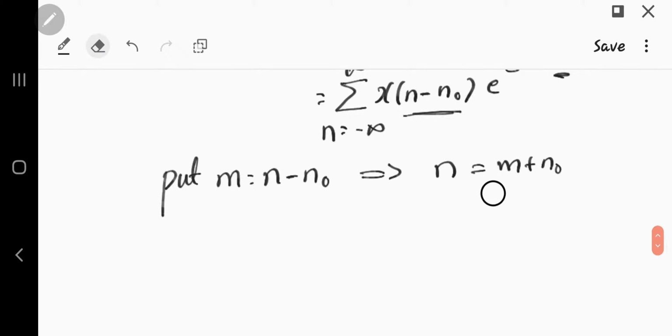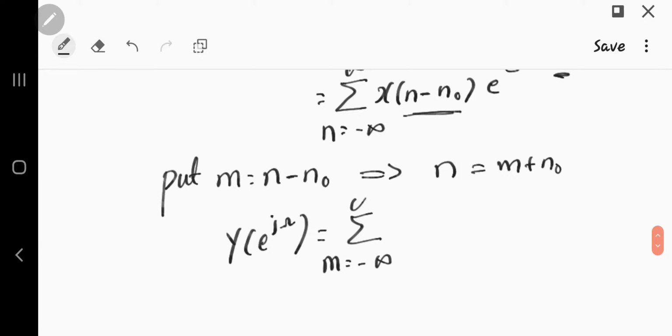Moving on, Y of e power j omega is equal to summation m equals minus infinity to plus infinity x of m e power minus j omega times m plus n naught.